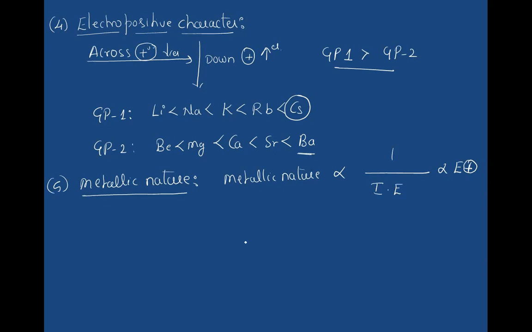So based on this, we can indicate that the metallic nature of group 1 elements is always greater than group 2 elements.